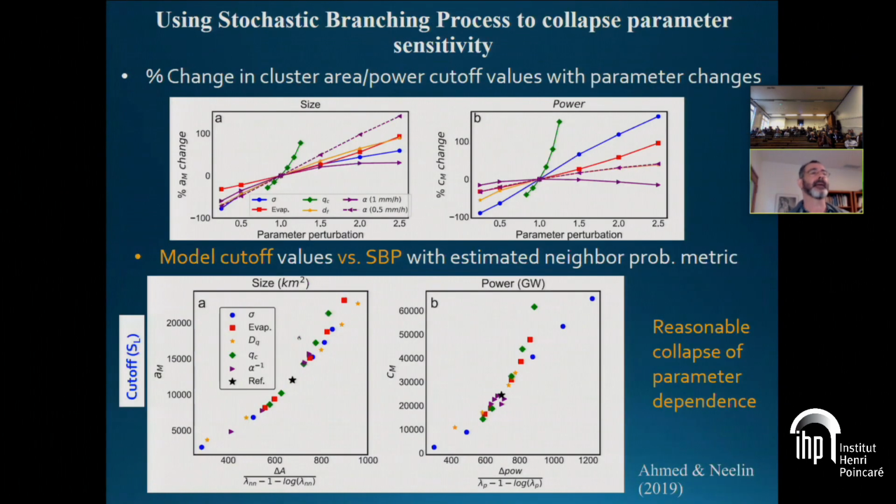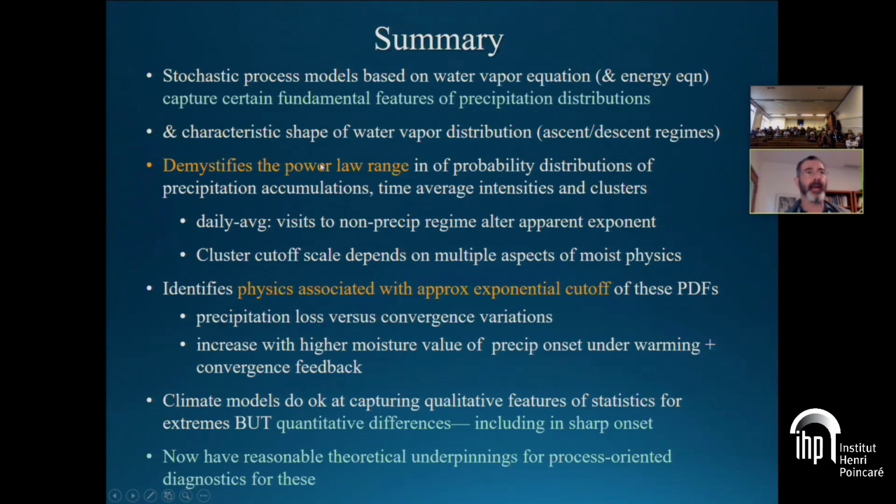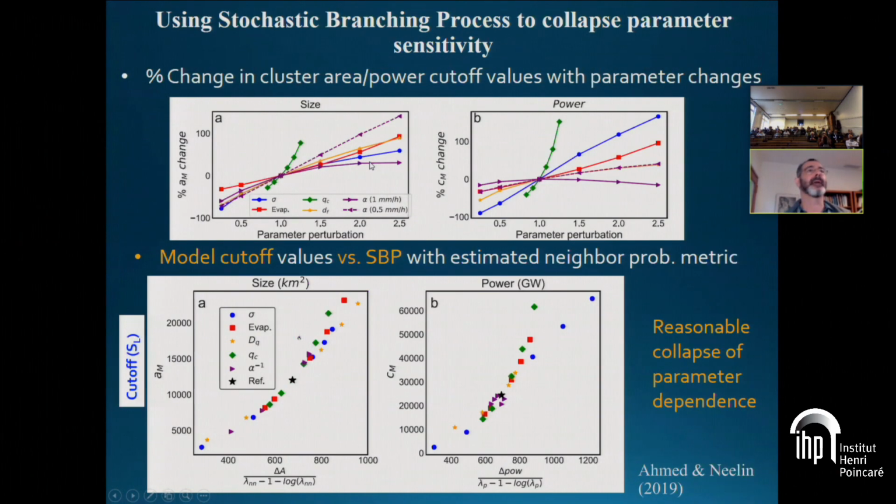Can we collapse that? So in the top case here, this is our parameter perturbation relative to a reference value. This is the percent change in the cluster area and the cluster power, the integrated precipitation. So that's the raw input.